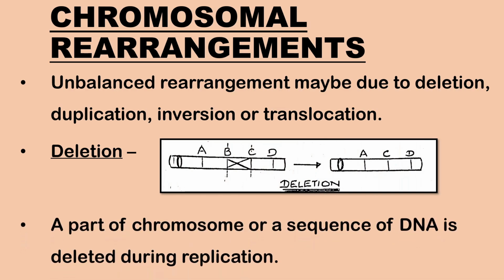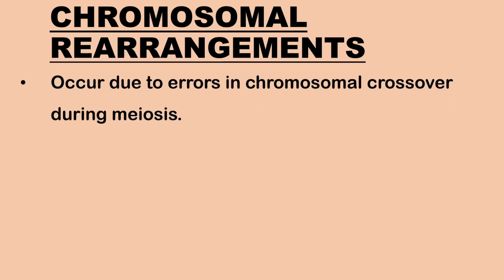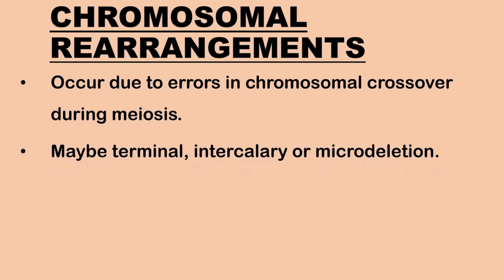Deletion can be considered as a mutation in which a part of a chromosome or a sequence of DNA is deleted during replication. It can occur due to errors in chromosomal crossover during meiosis.